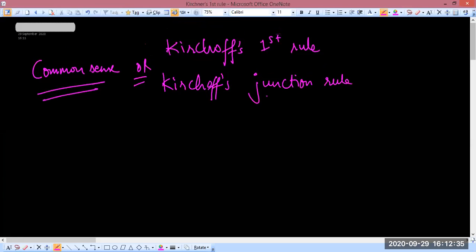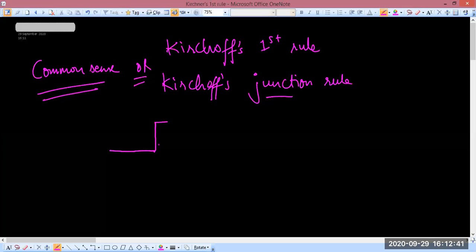First of all, what is a junction? Look at this carefully. Suppose there is a wire like this, there is a wire like this, and let's say there is a wire like this. So do you clearly see that this point is a junction? Understood? Clear what is junction?